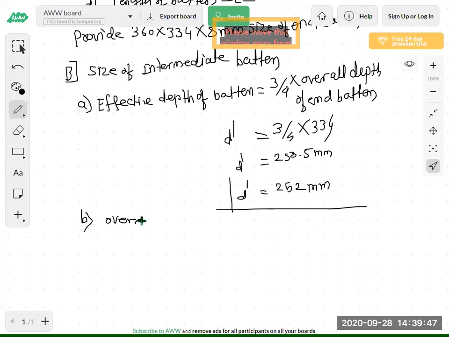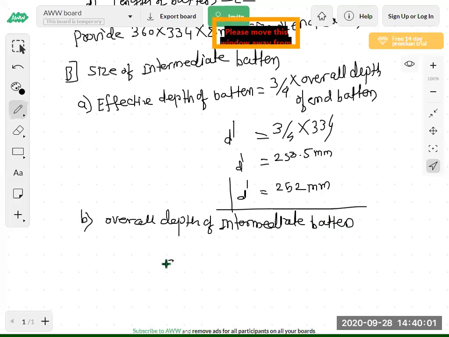Now overall depth of end batten, sorry, intermediate batten. So overall depth small d is equal to again d dash plus 2 into edge distance.